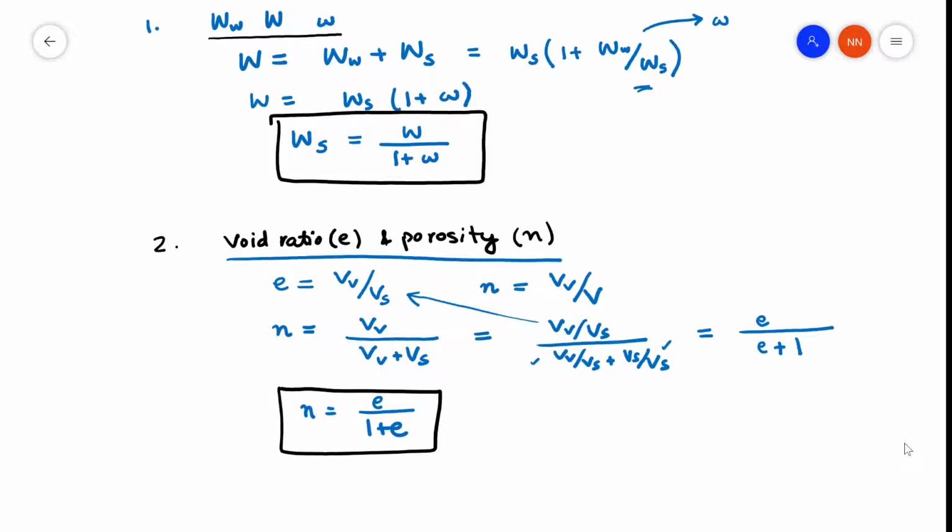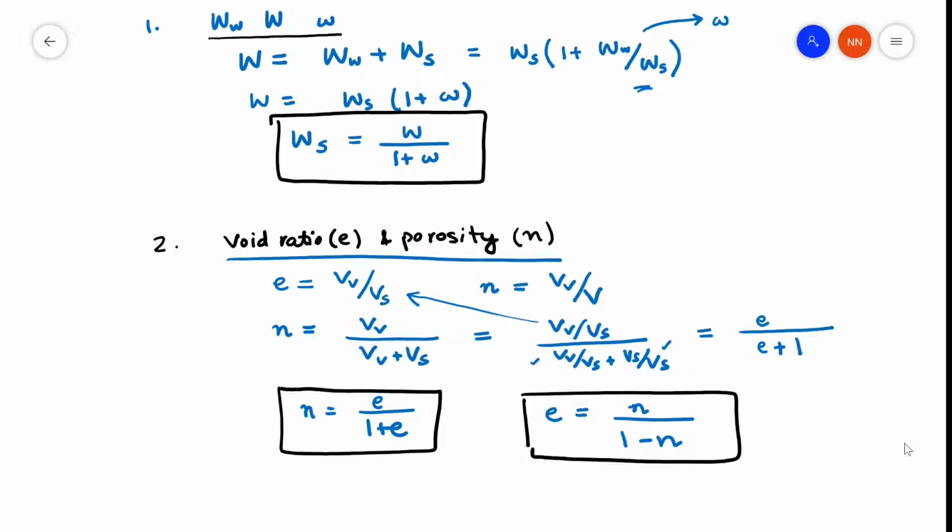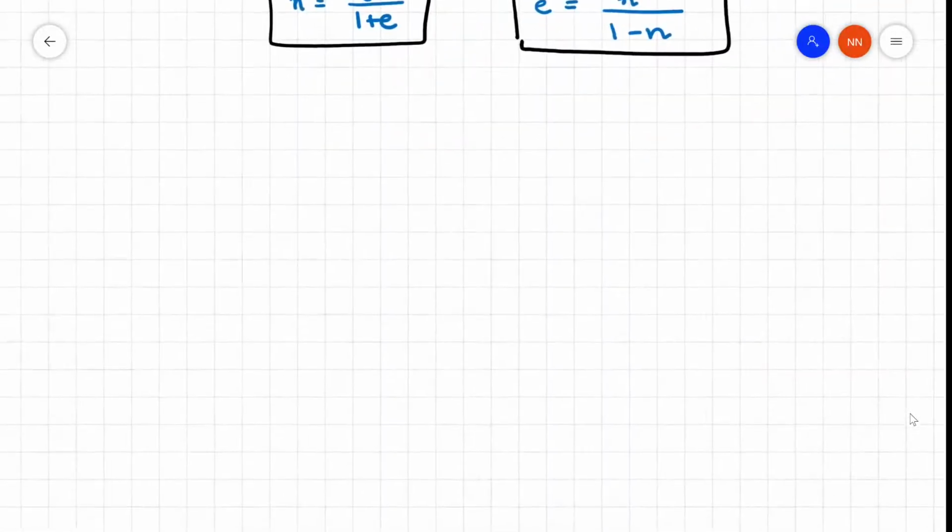And similarly, if we solve for E in this equation, we can get E equals N over 1 minus N. Another important relationship which we should memorize. The relation between E and N can also be derived using a phase diagram, as we said that this is an alternative method to derive these relationships.